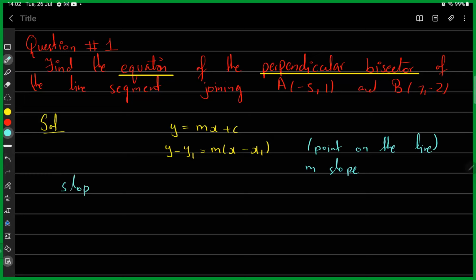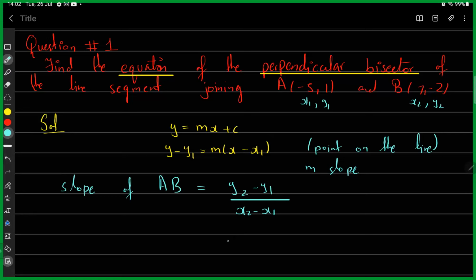Okay, now for the slope, what do we know? I can find the slope of the line segment. The slope of AB is going to be y2 minus y1 divided by x2 minus x1. Now, obviously, you can think of any of the points as x1, y1 and x2, y2. That's fine.